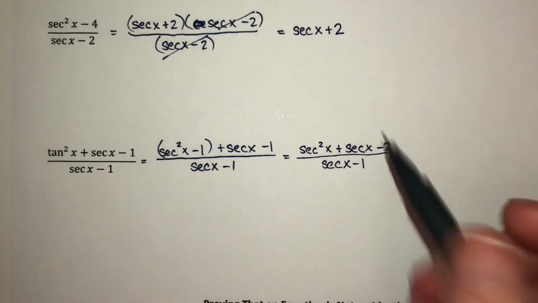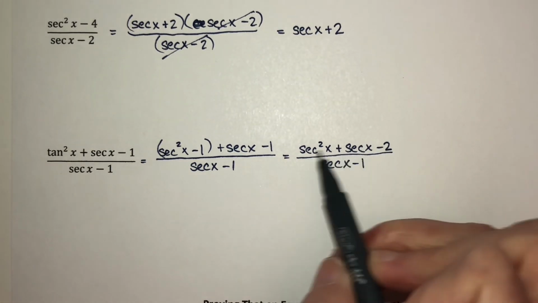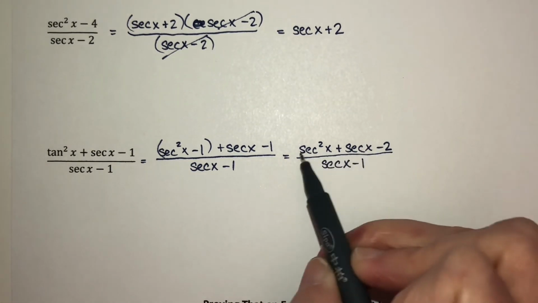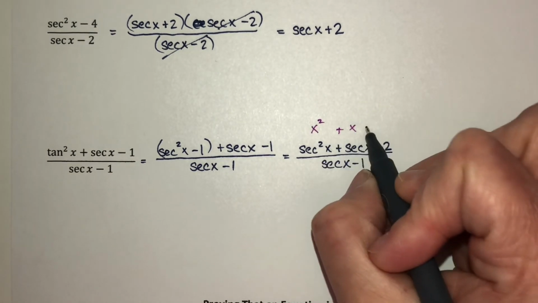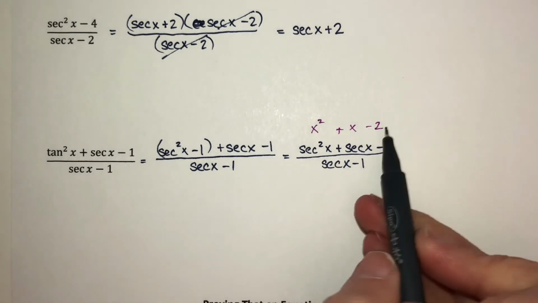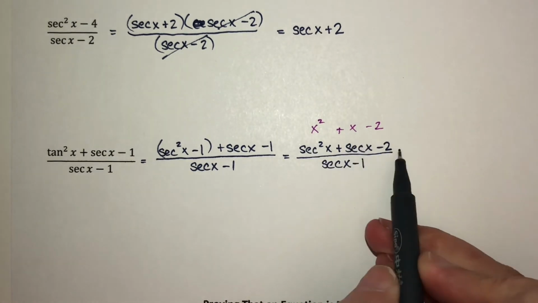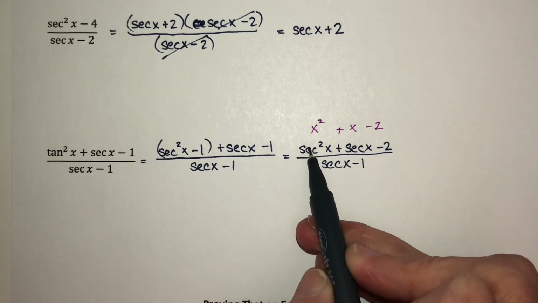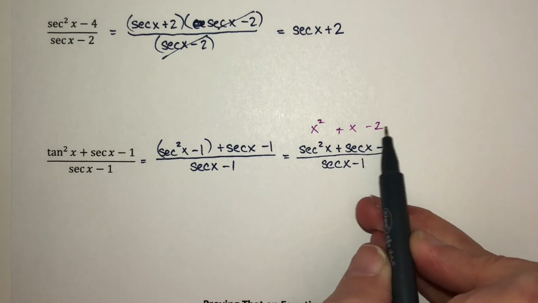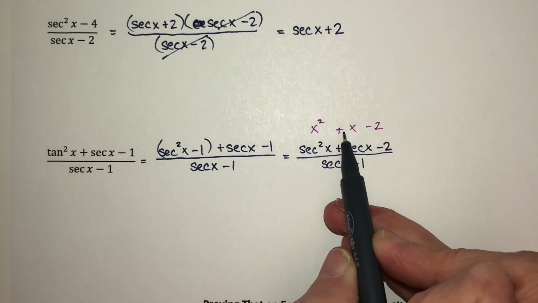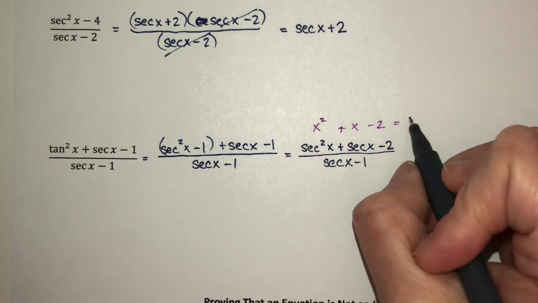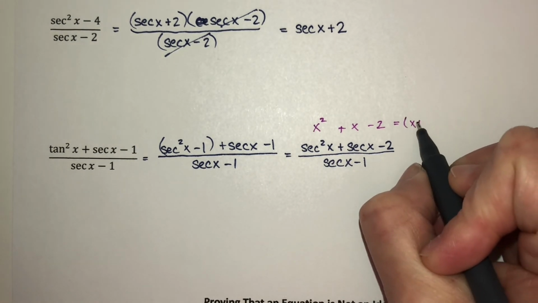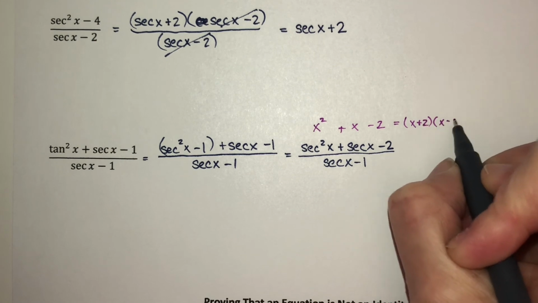Don't let the fact that these are trig functions in here mess you up too much. This is the same pattern as x squared plus x minus 2. And if we can factor this, we can factor this. Here I'd be looking for two numbers that multiply to a negative 2 and add to a positive 1. So this would factor as x plus 2 times x minus 1.